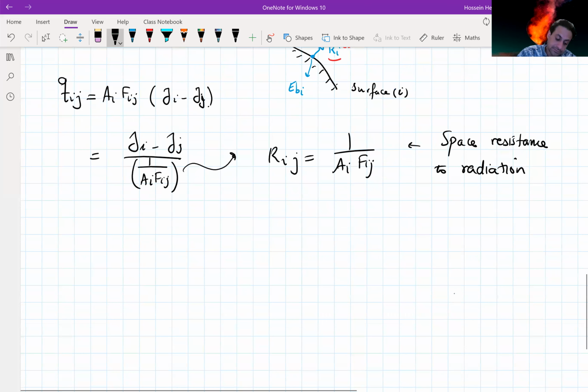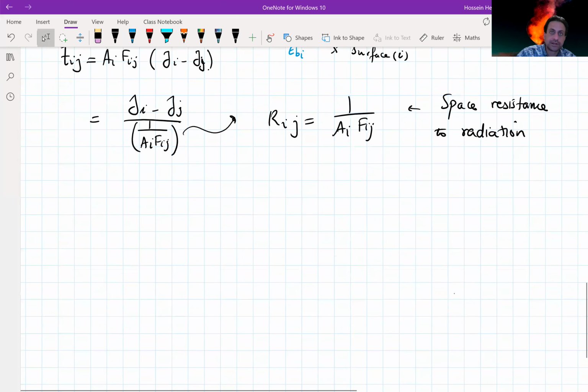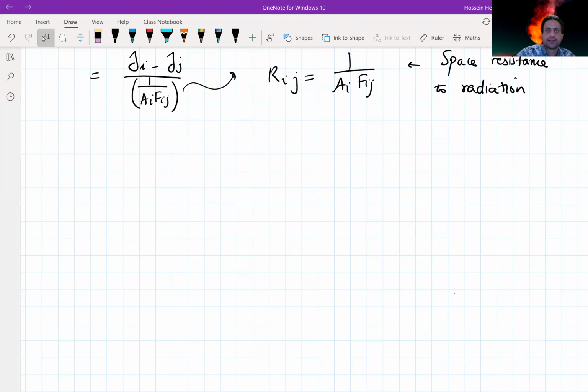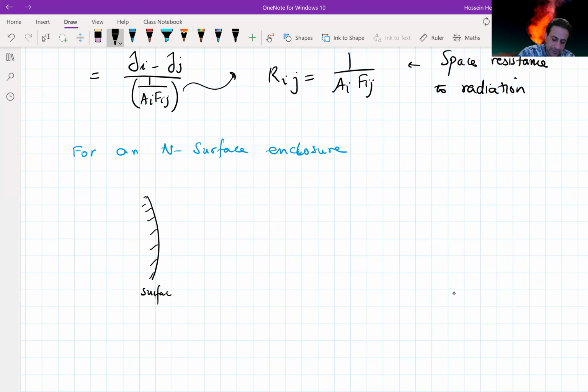Now, this is between two surfaces. If we have an enclosure with n surfaces, let's say an enclosure with multiple surfaces, and we want to look at the radiation energy from surface I to the rest of them. So let's say this is just representing the surface I of that enclosure.